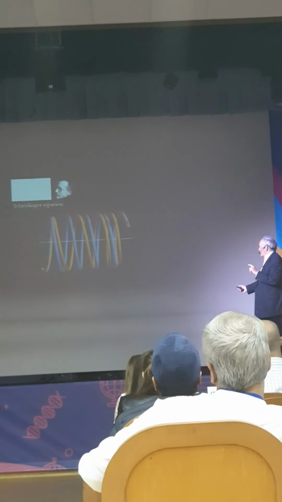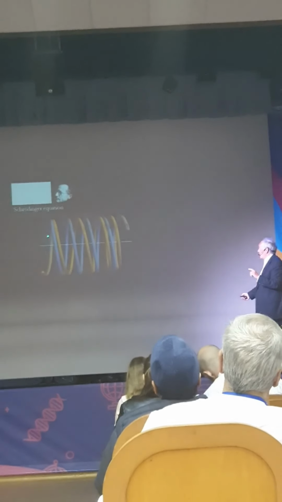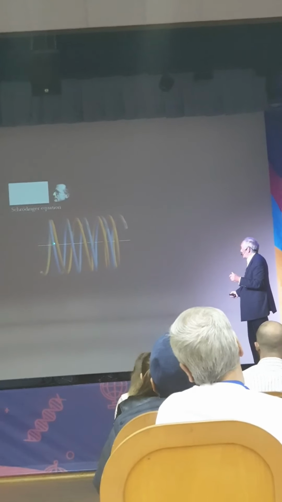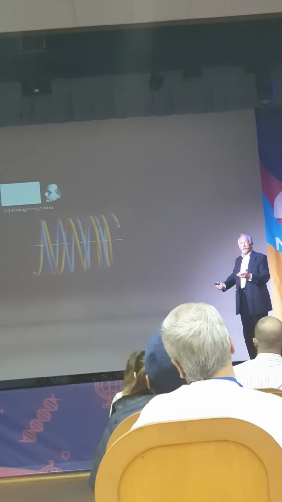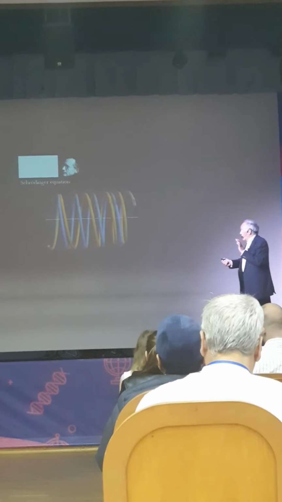Let me take the blue wave and change the wave to yellow by different shifts, but at different points. So there is a big shift from here to here, but only a tiny shift from here to here. Okay.